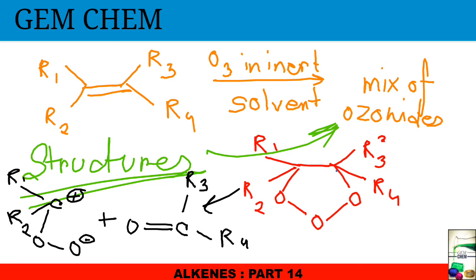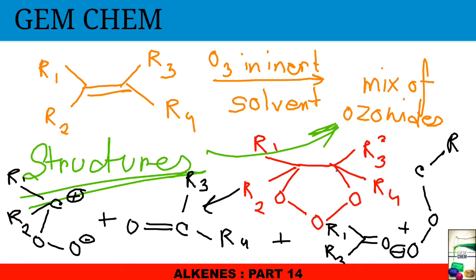This is one. Another possibility is that it can have R1, R2, double bond oxygen and COO minus and here R3, R4, right? Now we will number them.